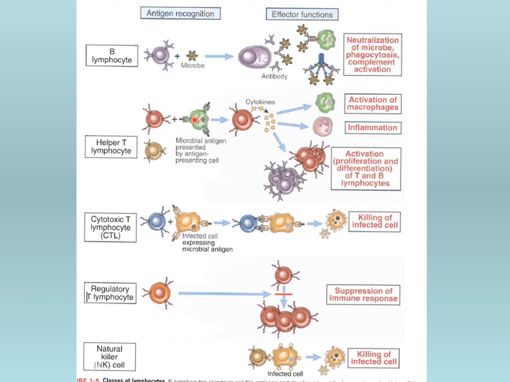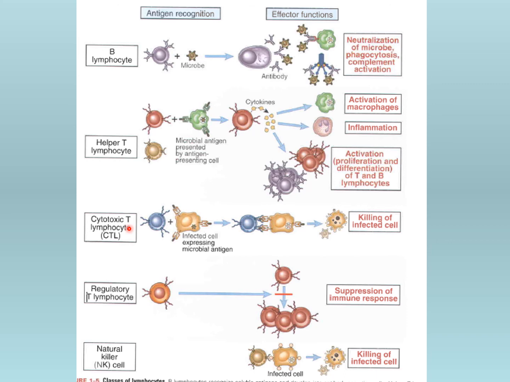So the helper T cells, when they are activated, release some chemicals called cytokines, which results in activation of macrophages, inflammatory response, or activation of other T and B cells.